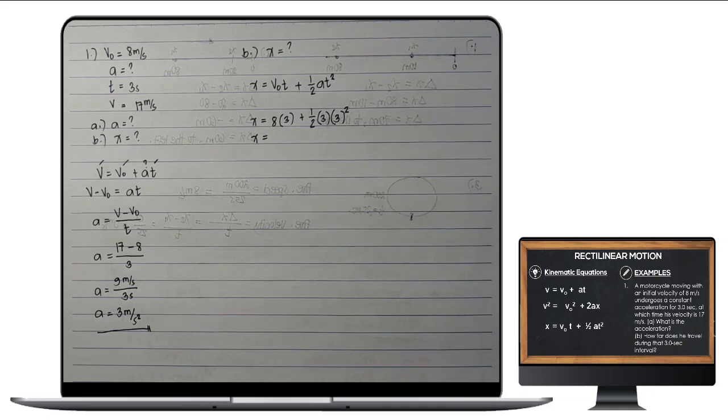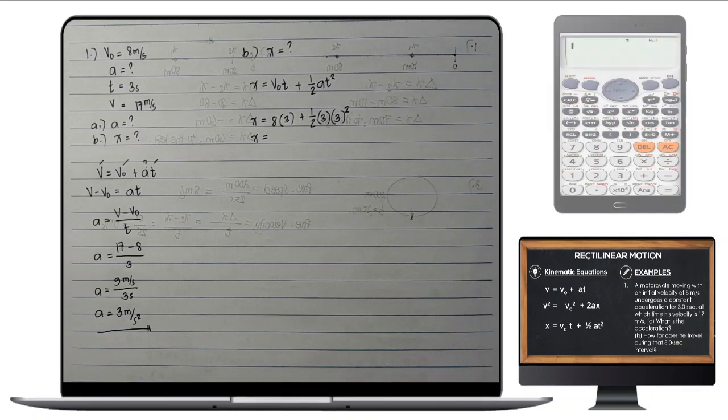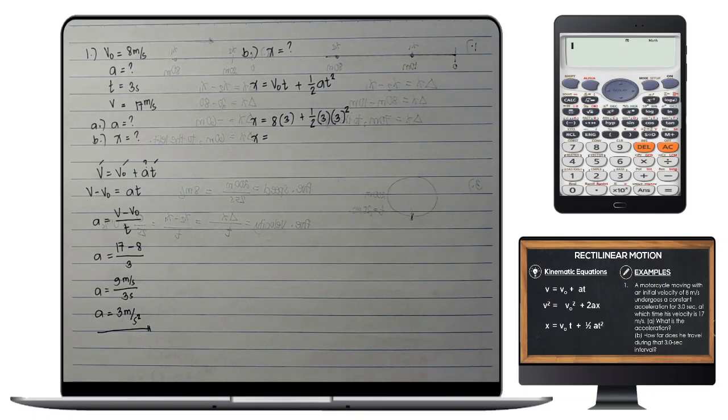Okay. So let's try using our calculator. Okay. So this is our calculator.